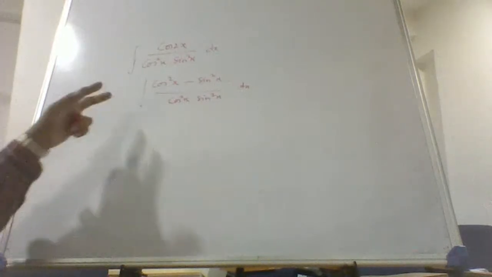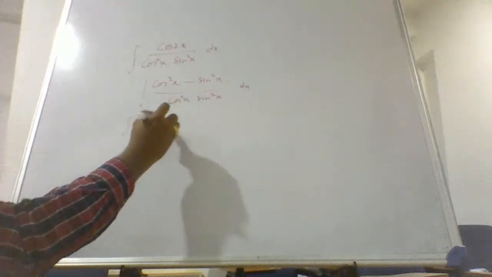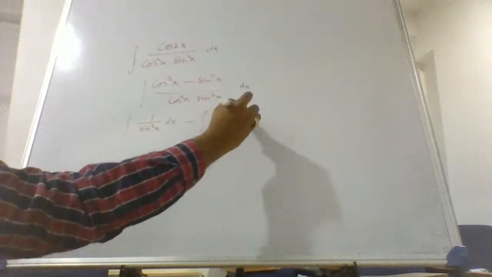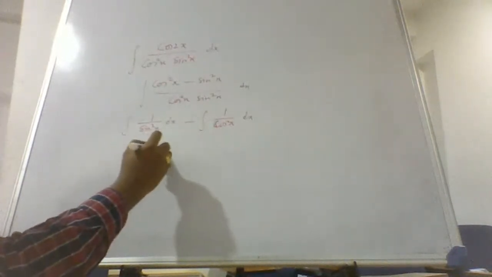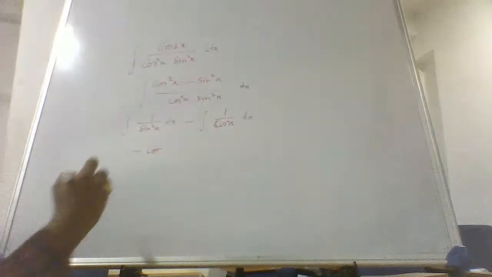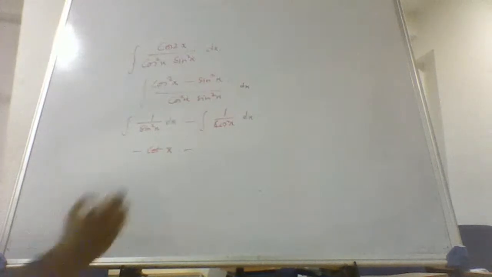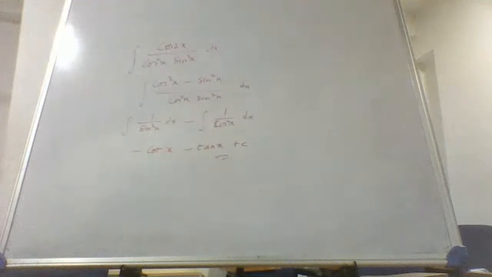Now when you separate this, I get the integration of 1 by sin square x dx minus the integration of 1 by cos square x dx. So this will be cosecant square, whose integral is minus cot x, and this will be minus tan x plus c. So this will be the solution for the given problem.